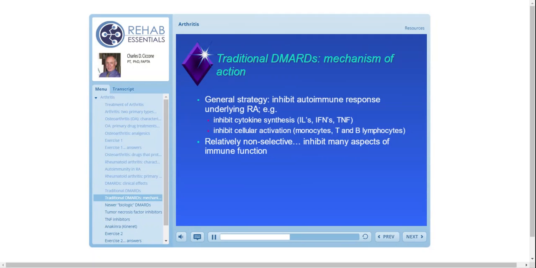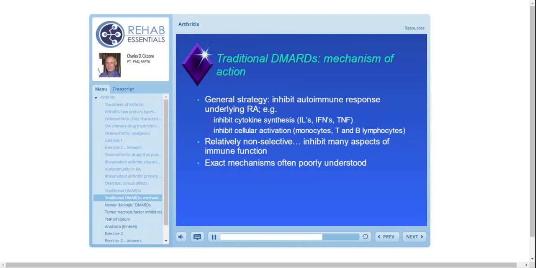We're always trying to find the dose that is just enough to quiet the immune system down without actually removing its ability to do its job, mainly to fight off infectious agents. But that's a pretty fine line you have to walk between suppressing it enough to control rheumatoid arthritis and not over-suppressing it and causing a lot of infections and other immune system problems.